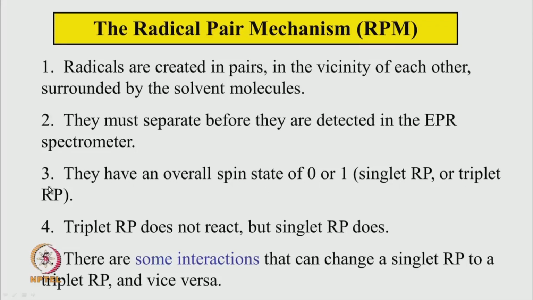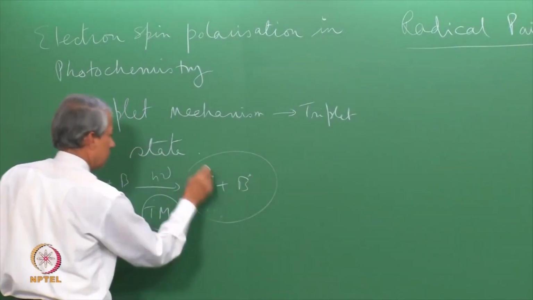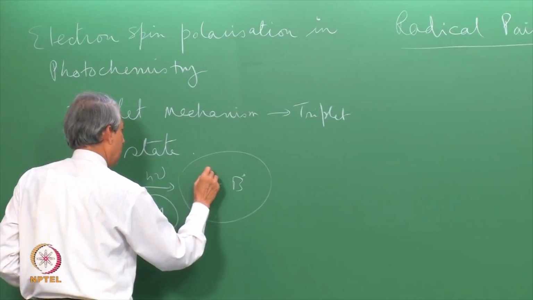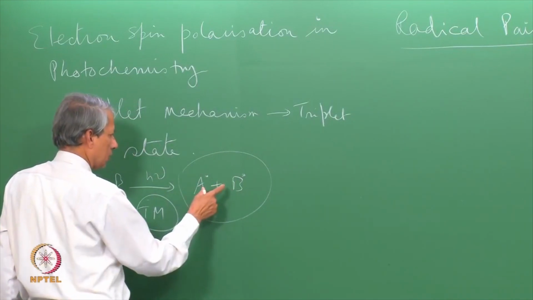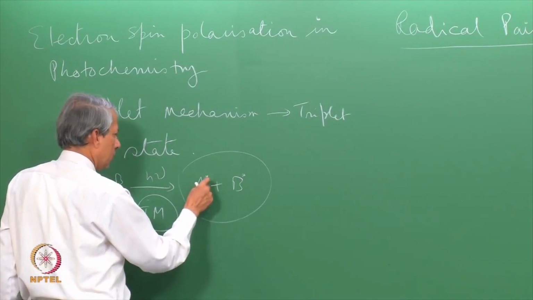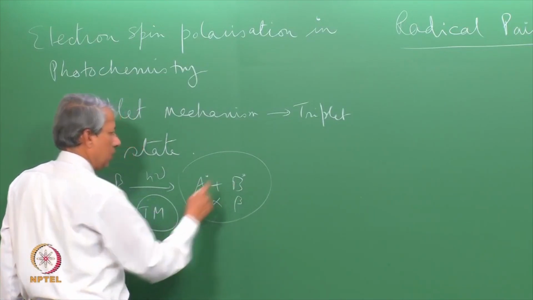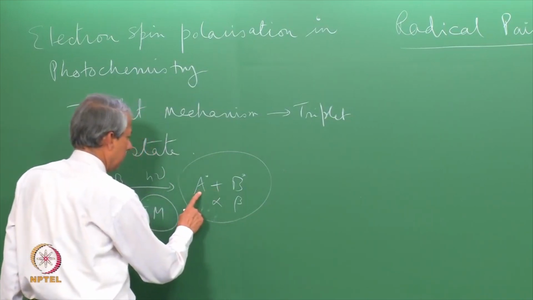What do we mean by that? This A and B, when they are together surrounded by solvent, each has some unpaired electron. So, the overall spin state can be constituted, which will be some combination of this and this, alpha and beta.